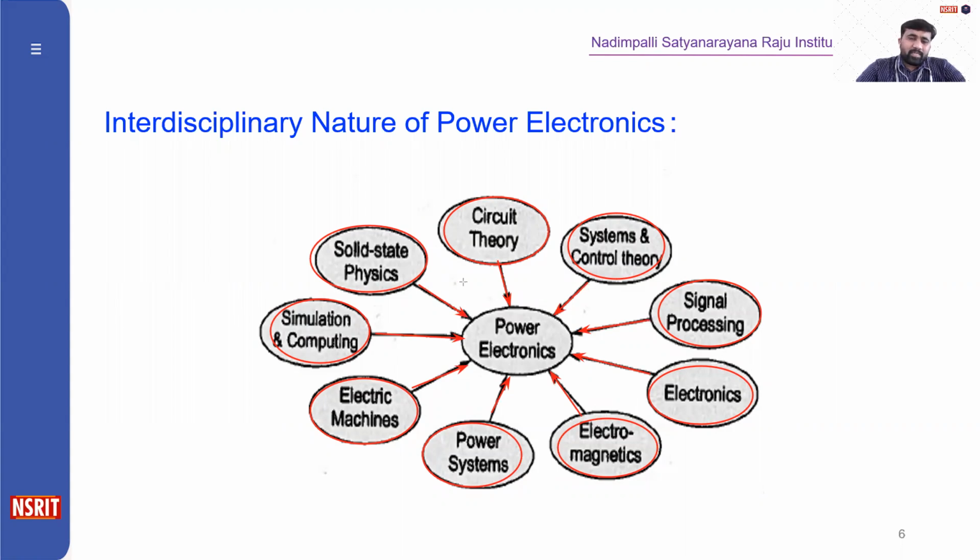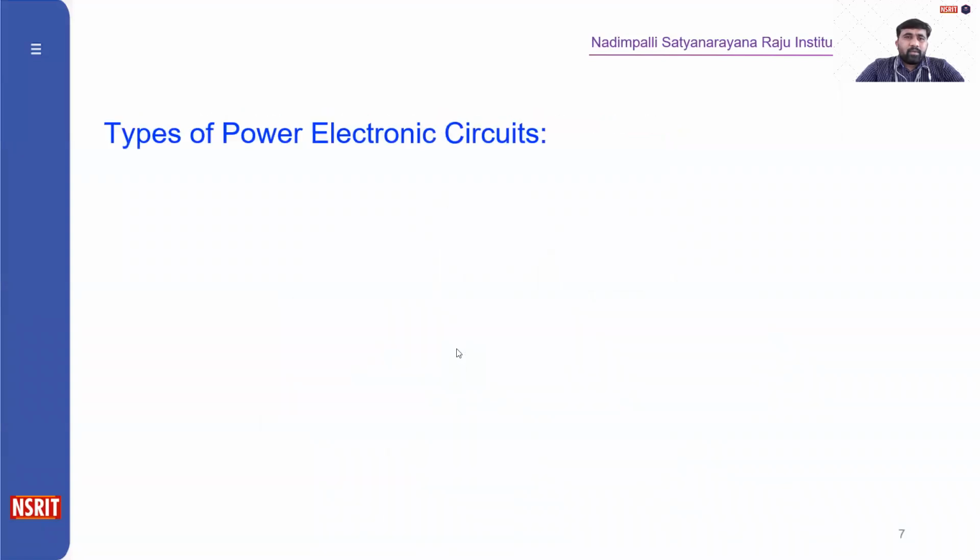All these subjects we have already come across, so in order to understand better, we have to get a good amount of knowledge from these subjects. And then we can see the types of power electronic circuits, as we have said.